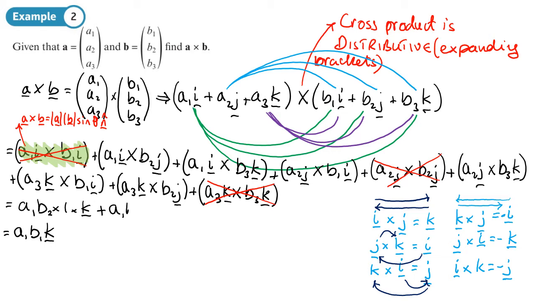So A1 B3 times the sine of the angle between them, so that's going to be 1. And then that's going to get times by i cross k. Right, so we go over to our little thing over here. i cross k is going to be negative j. So times this by negative j. And if we simplify that, we'll have a minus now. So that will be minus A1 B3 j.